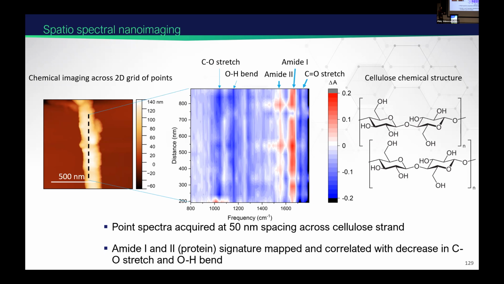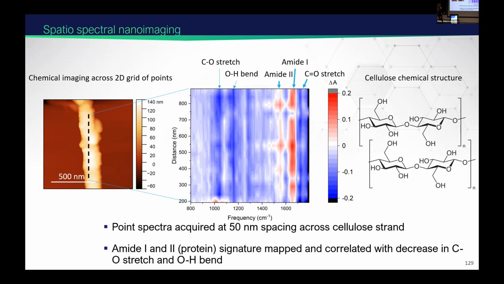Amide I and amide II are present, and you can see a little bit of heterogeneity along this cellulose. So it's indicative of protein adsorption. And we also see a decrease in the CO and OH band. You can start to see some correlation between protein presence and chemical change.